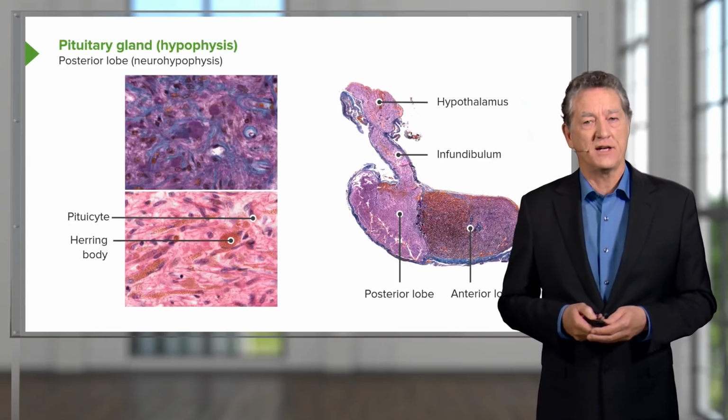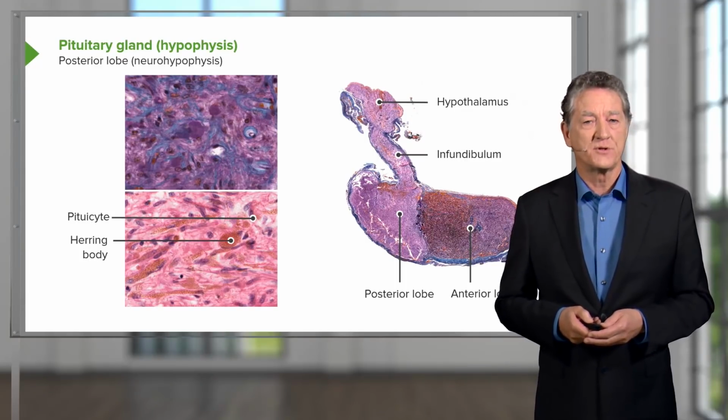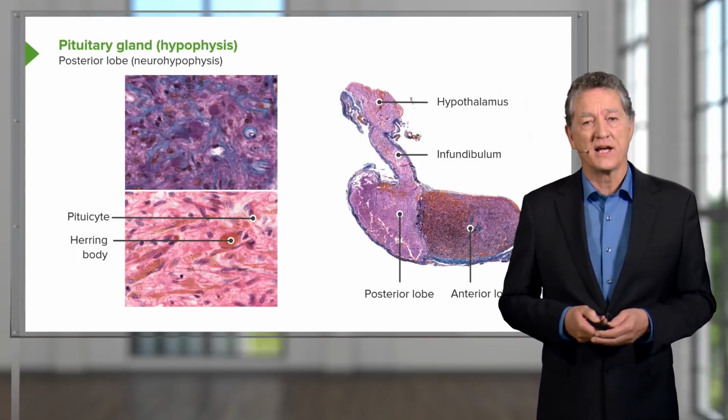The pituicyte is a supporting cell. These axons are not myelinated. The pituicyte is not a Schwann cell or an oligodendrocyte, or a cell that's involved in myelination or supporting unmyelinated fibres.